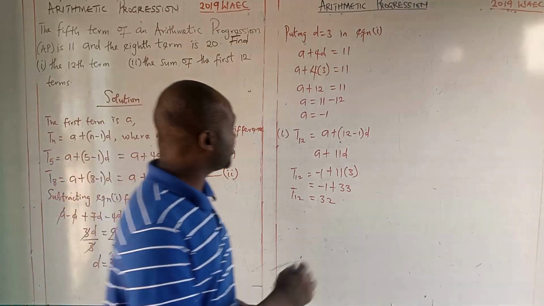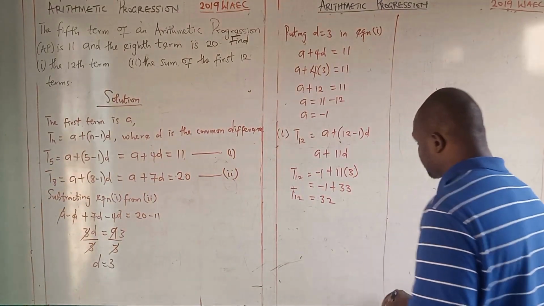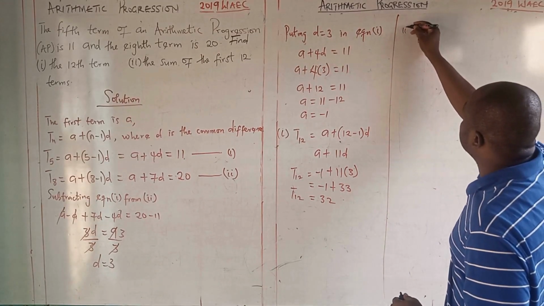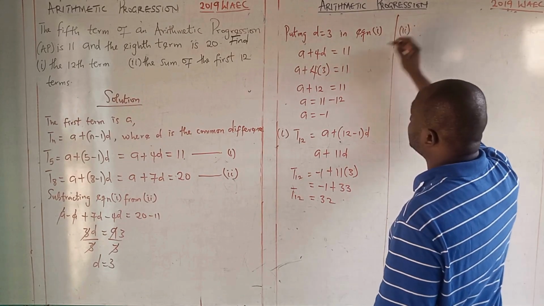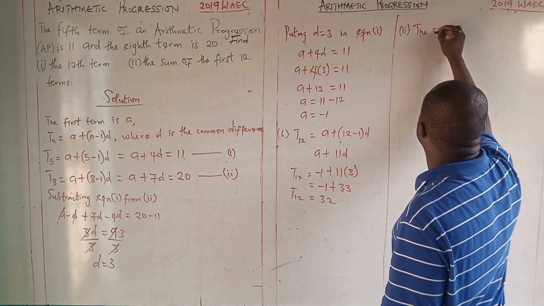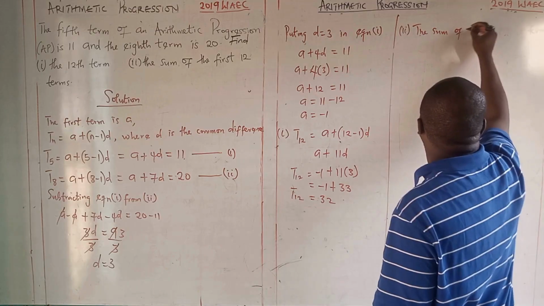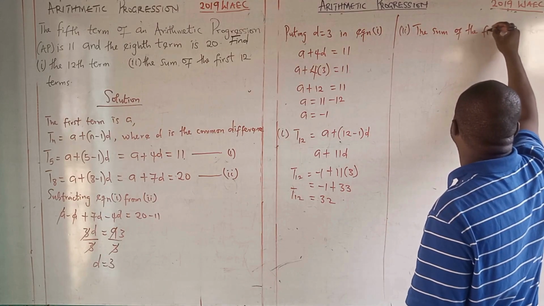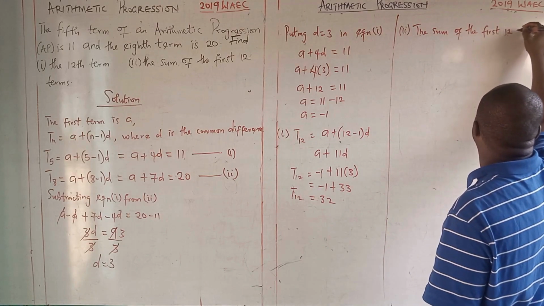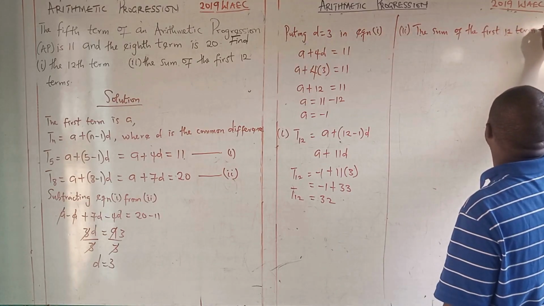Now to the second part of the question. The second part of the question says, find the sum of the first 12 terms.